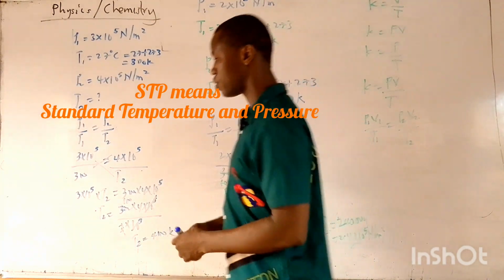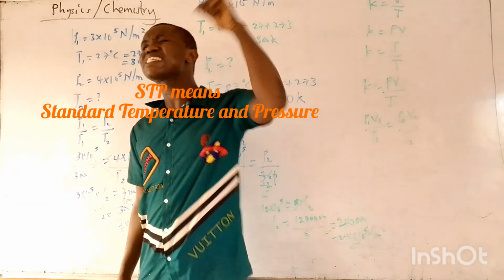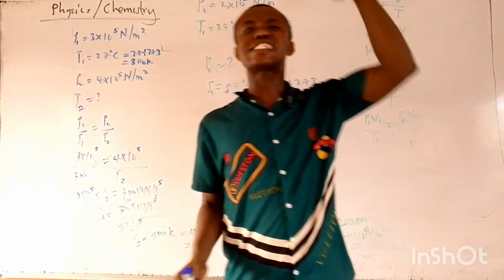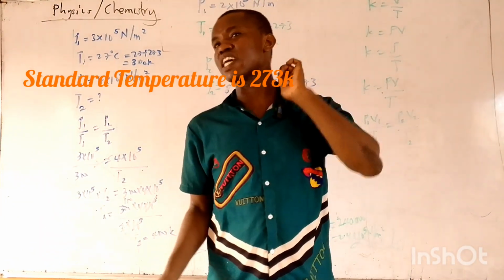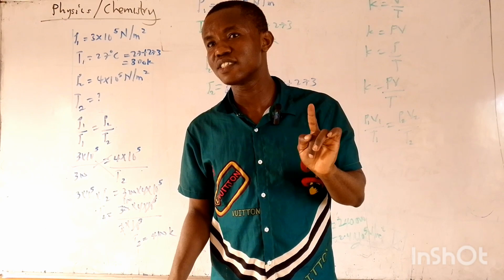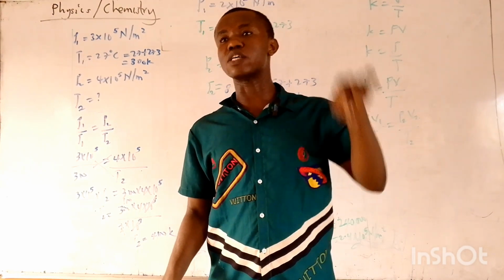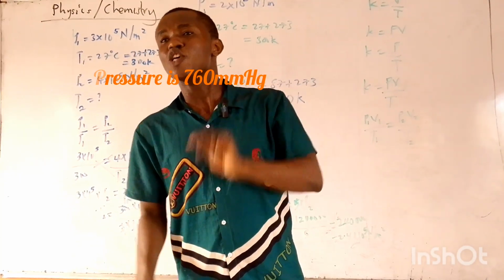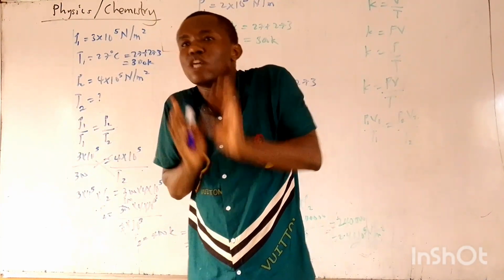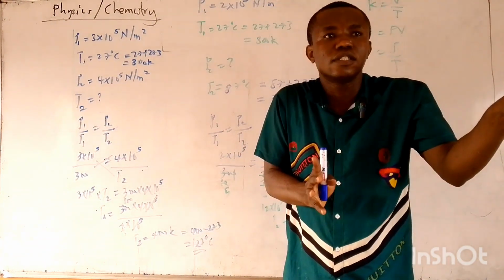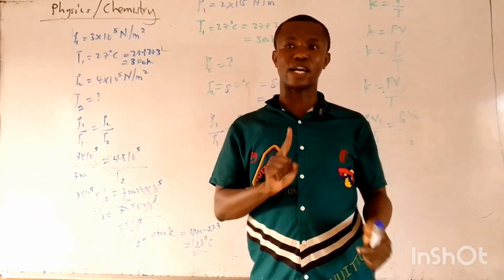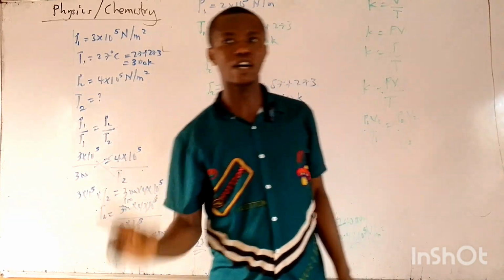At STP. Now listen, when they say STP, it means standard temperature and pressure. The standard temperature is 273 Kelvin. The standard pressure is 760 millimeter mercury. So when they tell you at STP, you already know that your P1 is 760 millimeter mercury, and your T1 is 273 Kelvin.